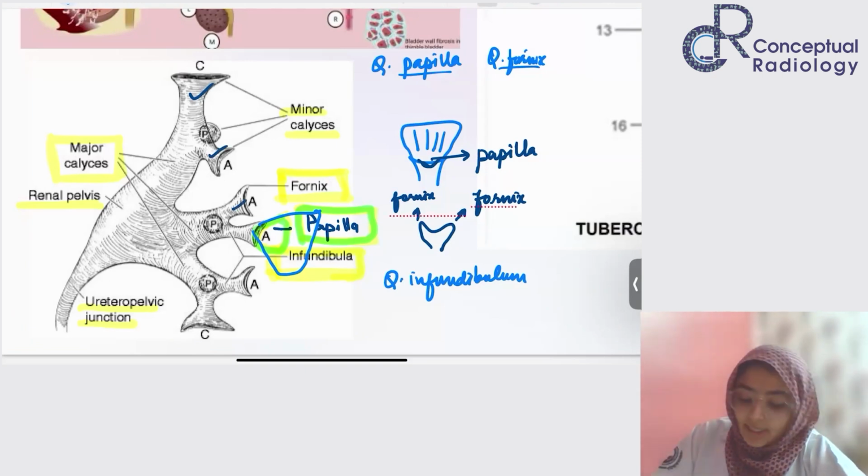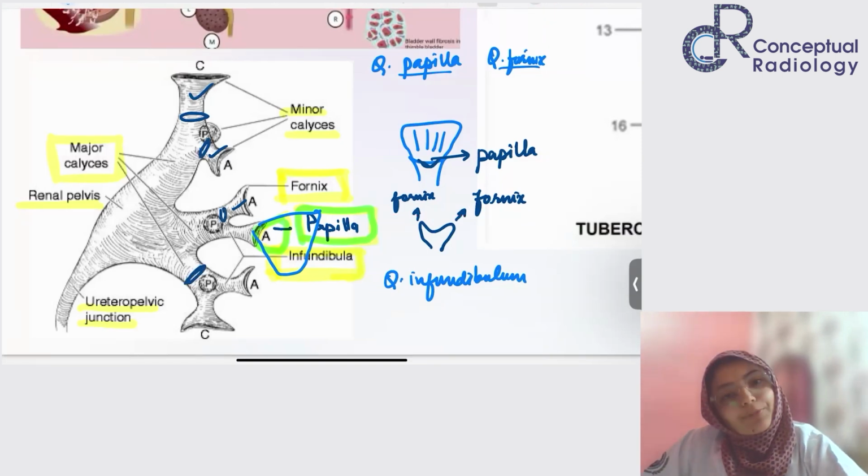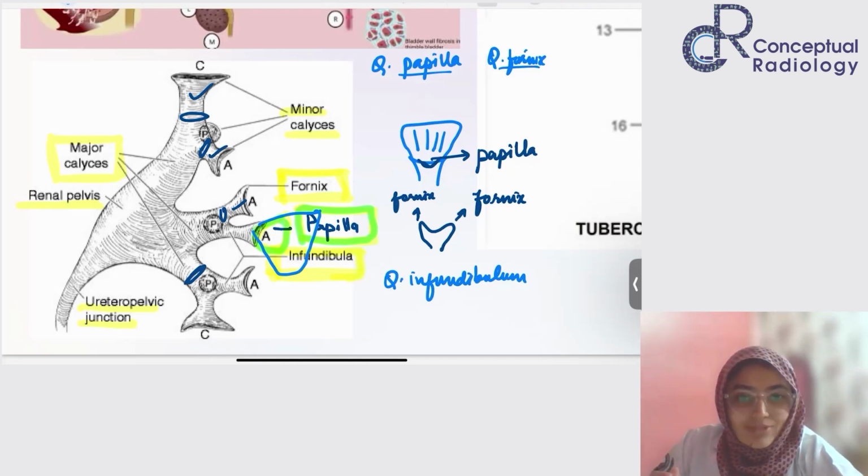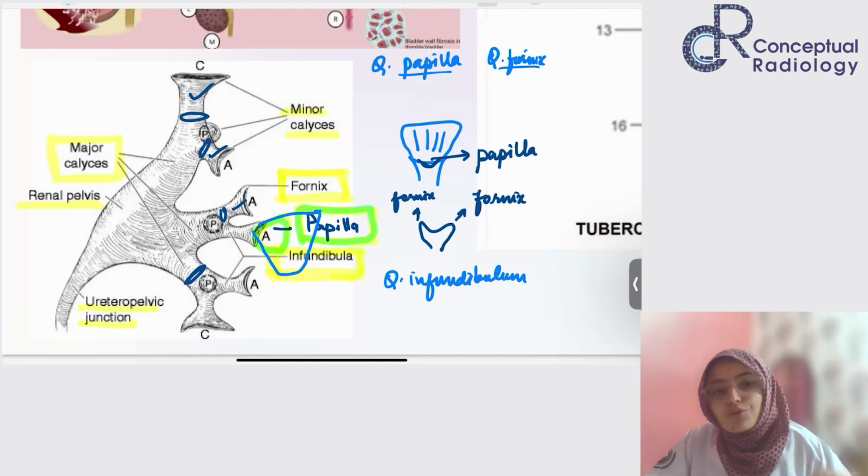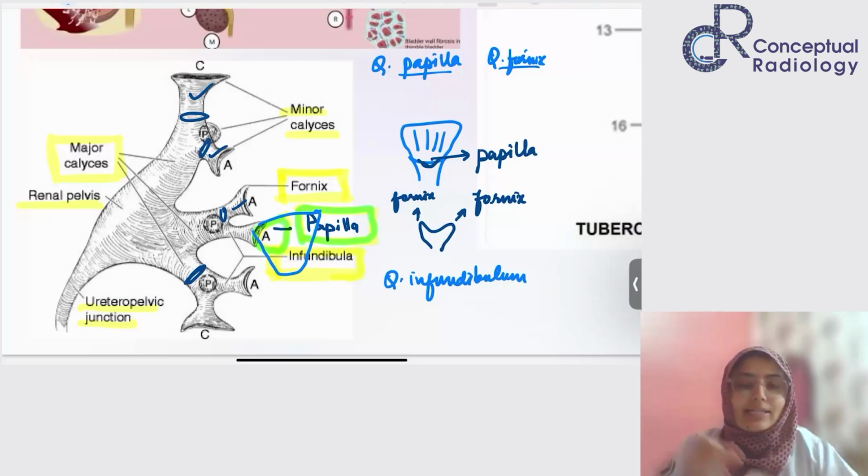The structure which is connecting minor to major calyx is going to be the infundibulum. So when we say that there is infundibular stenosis or infundibular stricture, that means the outlet of the minor calyx is blocked. So proximal, upstream, there is going to be a lot of calyceal dilatation.